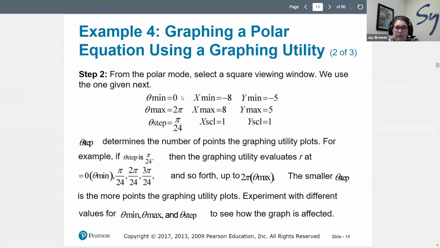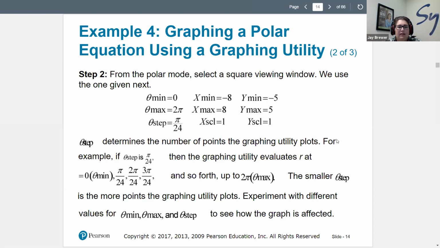Okay, so they put everything in radians. The theta step determines the number of points the graphing utility plots. For example, if theta step is pi over 24, then the graphing utility evaluates r at 0, pi over 24, 2 pi over 24, 3 pi over 24 until it reaches the max of 2 pi.